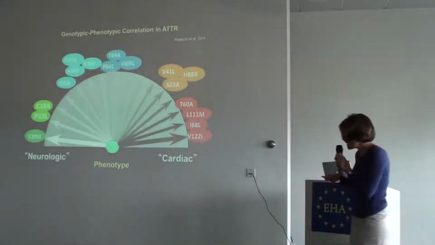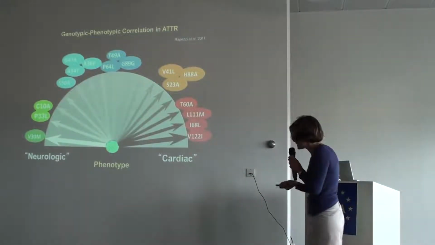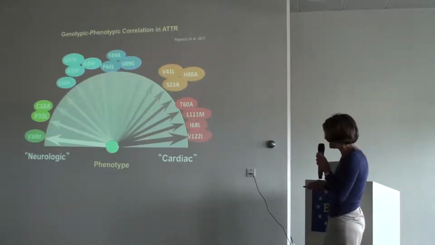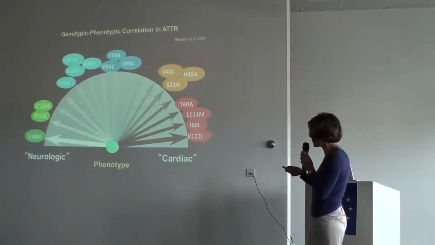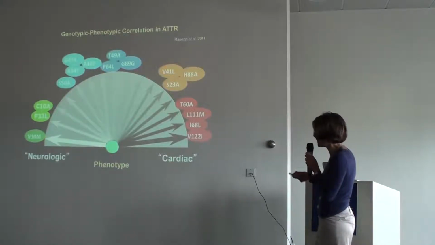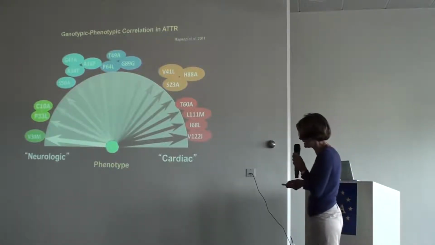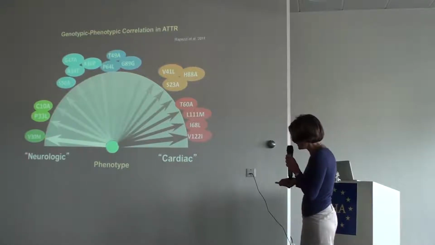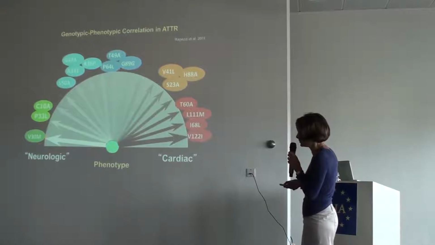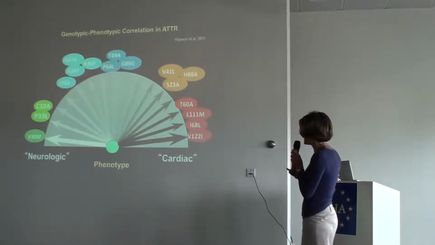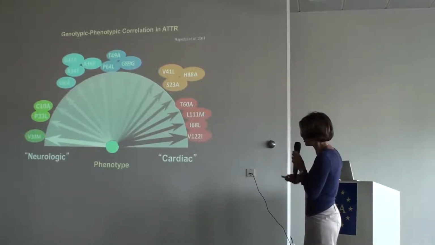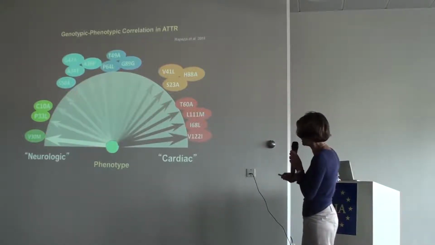So I like very much this slide brought by Claudio Rapezzi. I think it's a very good summary of the spectrum of the inherited transthyretin amyloidosis that we can see nowadays. Going from the pure neuropathic spectrum, generally associated with the V30M mutation, to a mixed cardiac and neuropathic presentation associated with many other mutations, and to the pure cardiac presentation associated with this mutation.